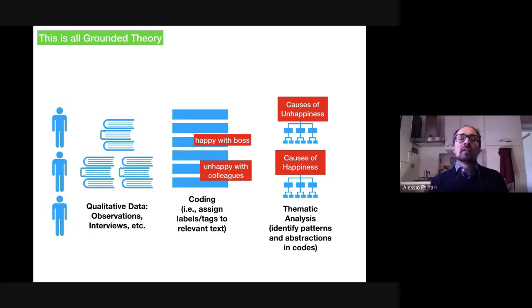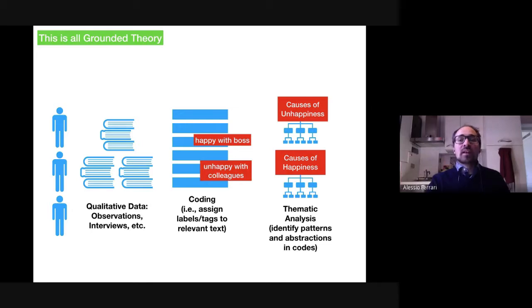So looking at these items and the coding that you have done based on your interviews and documents, you try to abstract, you try to find relationships, find patterns, and identify, for example, in this case, causes of unhappiness and causes of happiness, and relations among the possible causes.